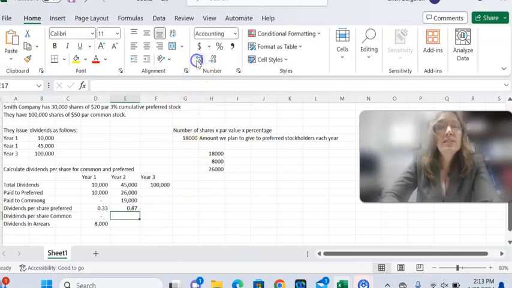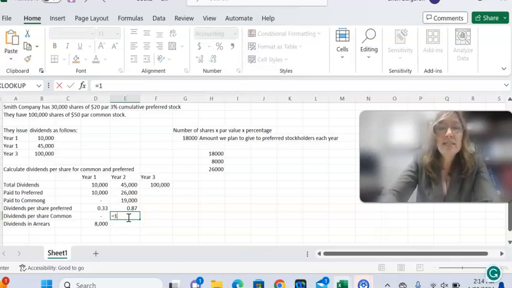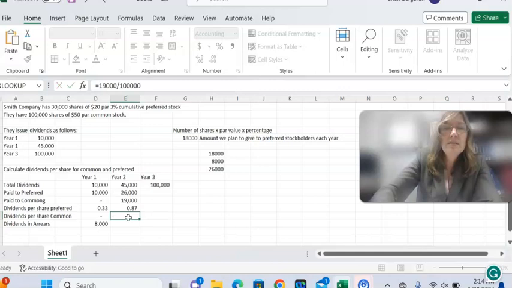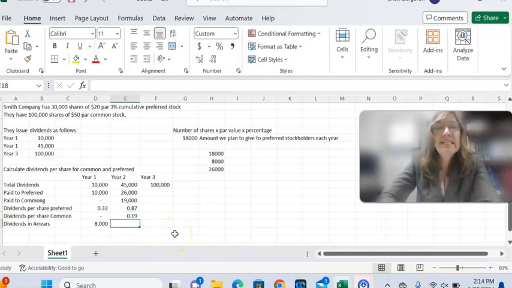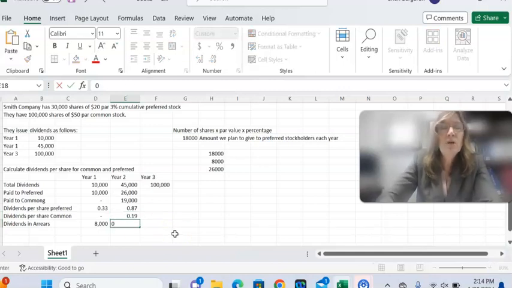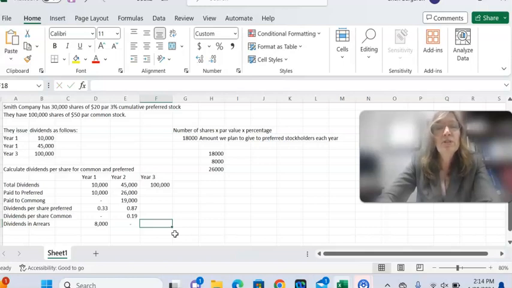And now for the common stockholders, how much dividends did you give to the common stockholders? Well, that was 19,000. Per share means divided by the number of common shares, so that's 100,000. And so that is 19 cents per share. We're all paid up. We don't owe the preferred anything, so there are no dividends in arrears.